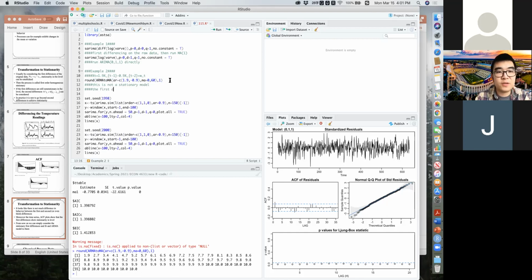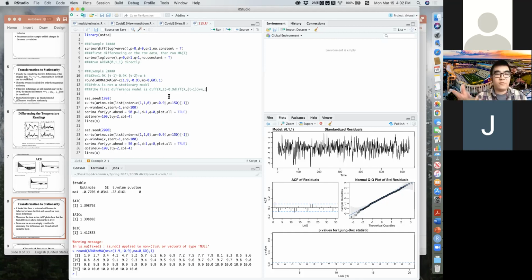And the first difference of this model is actually diff xt equal to 0.9 diff x t minus 1 plus wt.